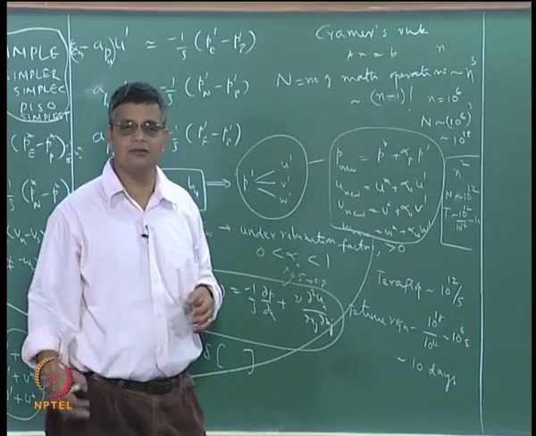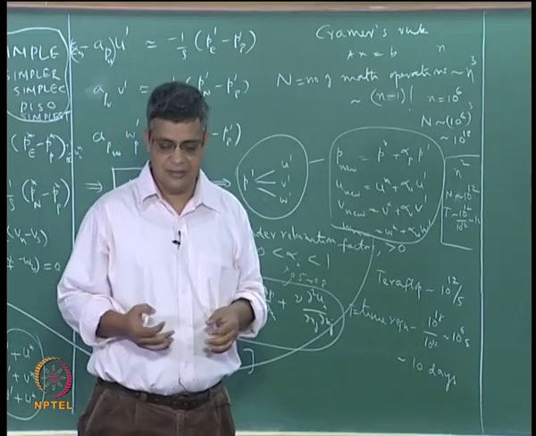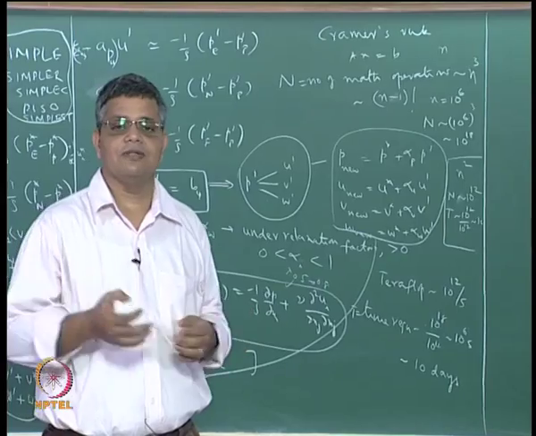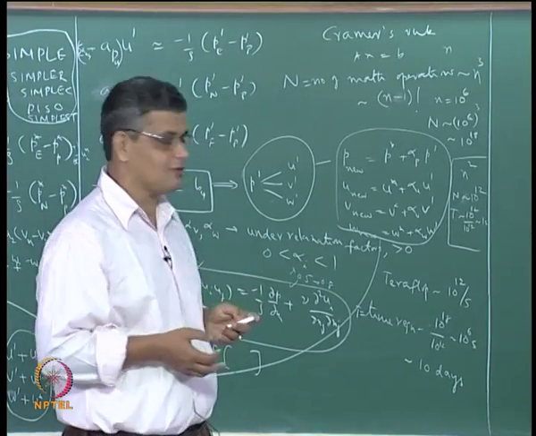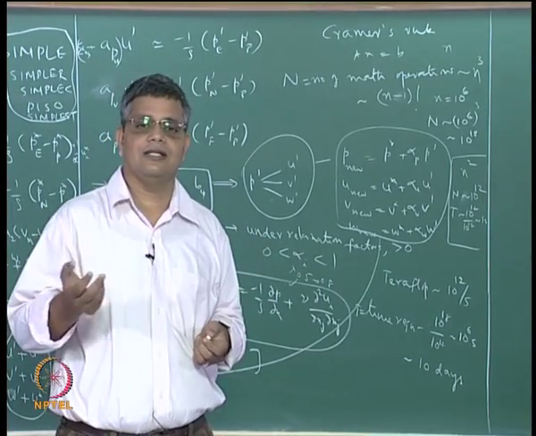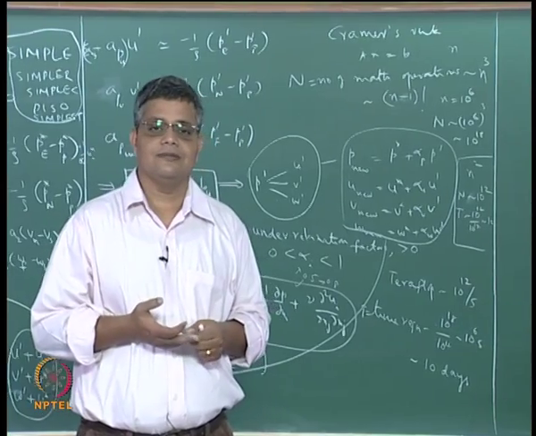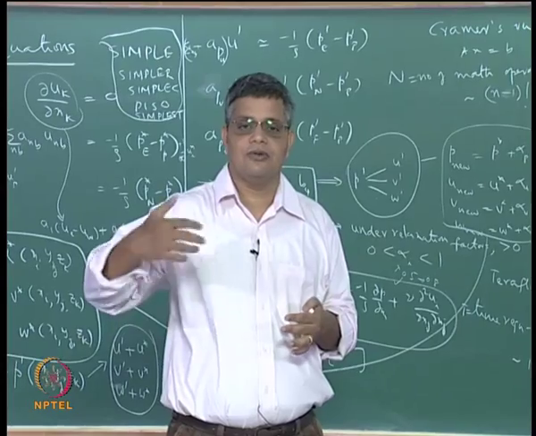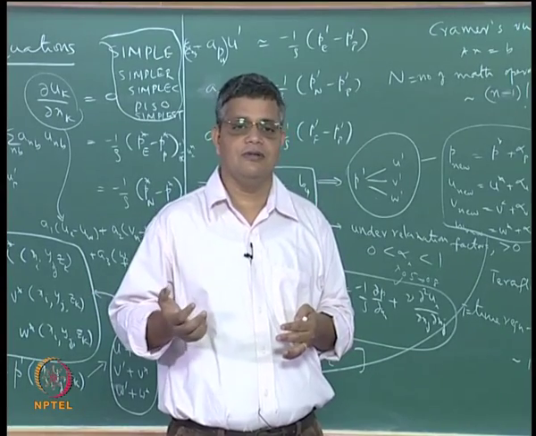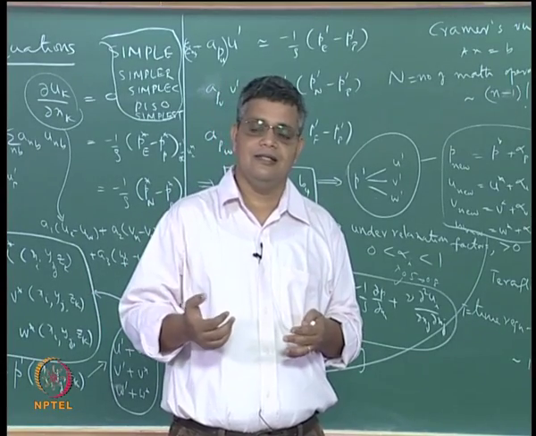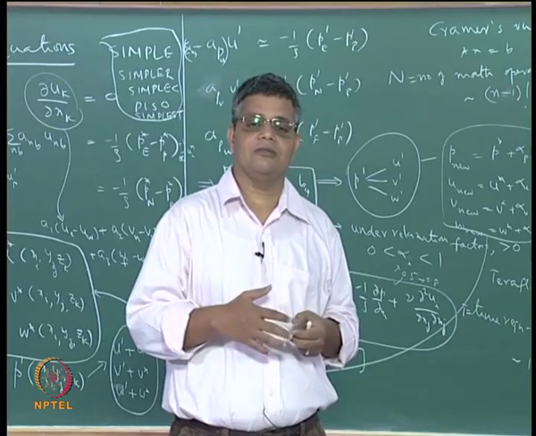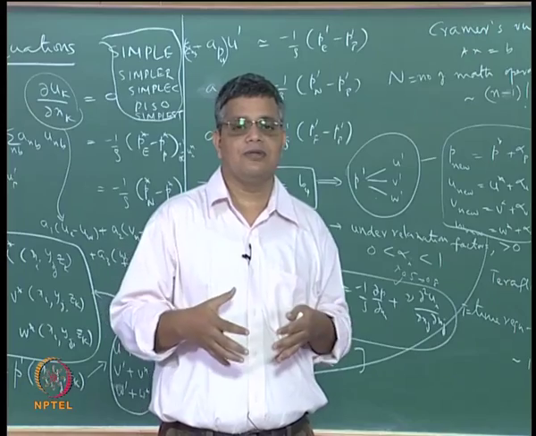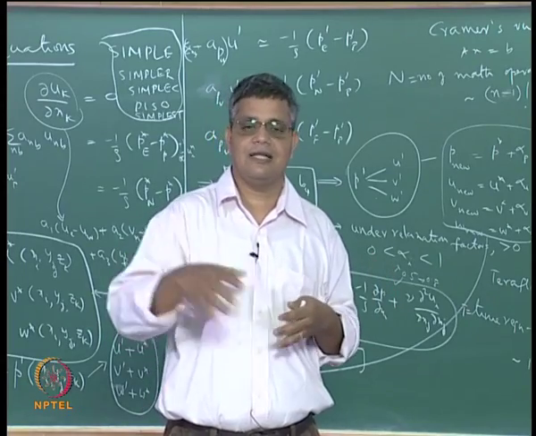If you have n square, then we can easily do 1 million grid points, but even 1 million is probably not too high. These days people are running even 10 million, and in some cases Navier-Stokes equations are solved with much larger numbers of grid points, because the more computing power you have, the more realistic your representation of complicated geometries, and the more physical components affecting the flow domain can be considered.